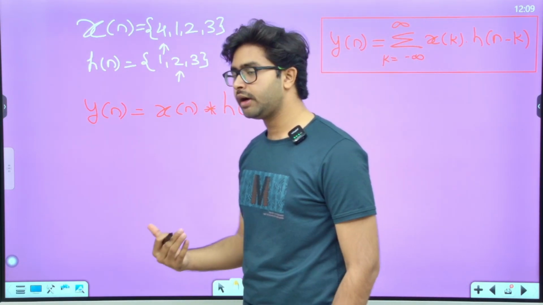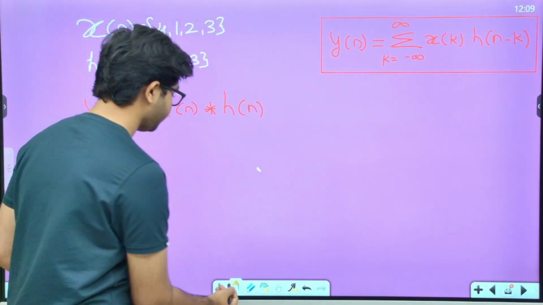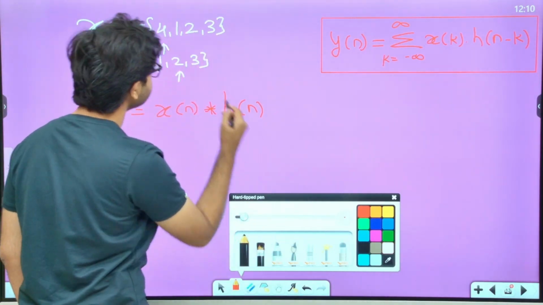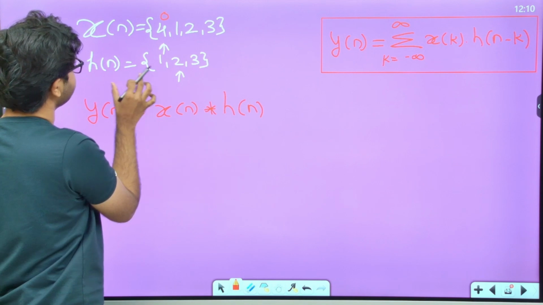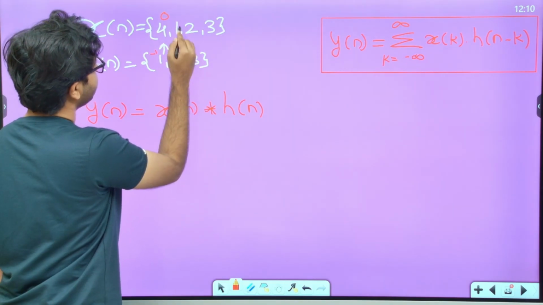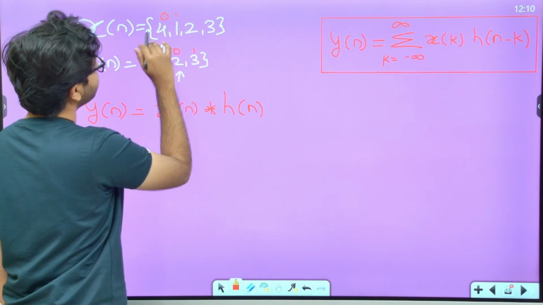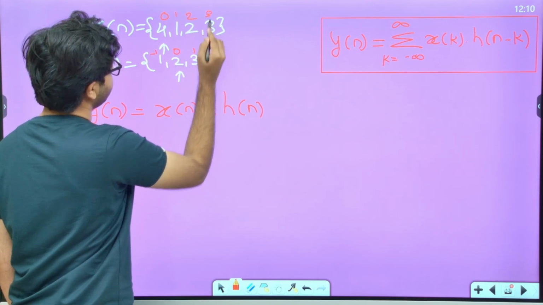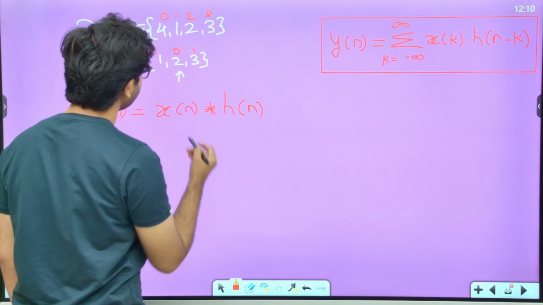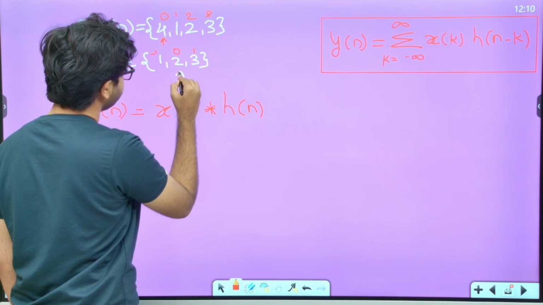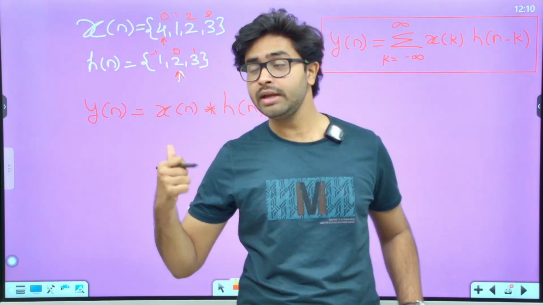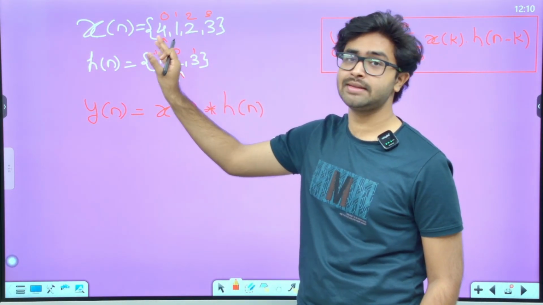If the arrow points to 4, that will be the zeroth index, and the indices go 0, 1, 2, 3 on the right. For the other sequence, if the arrow points to 2, then that is the zeroth index, then minus 1 before it and 1 after. Here the arrow is given to 4 in x and to 2 in h. If arrows are not given and no statement is mentioned, we directly consider the first element as the zeroth index.